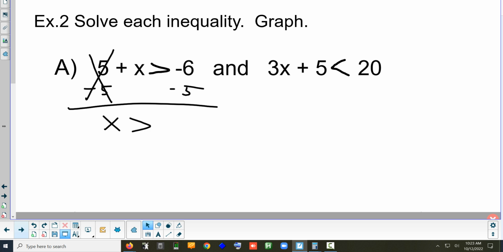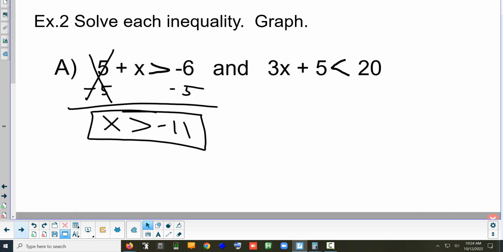Don't flip the inequality, because we didn't divide by a negative. That rule still applies, but we didn't do it. And what's negative 6 minus 5? Negative. Okay, so x is greater than negative 11.